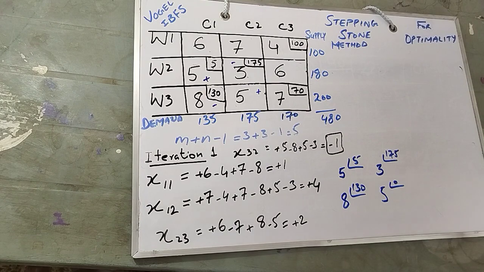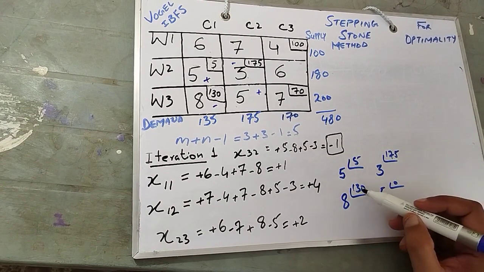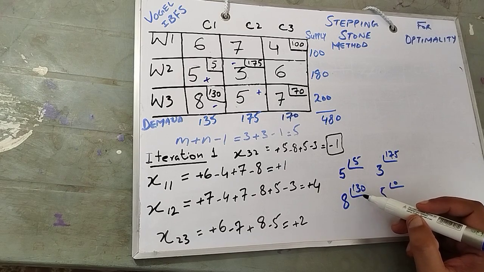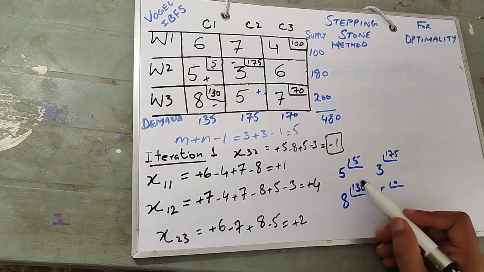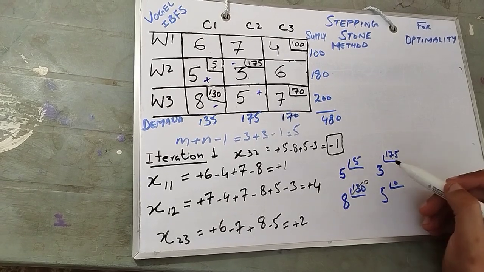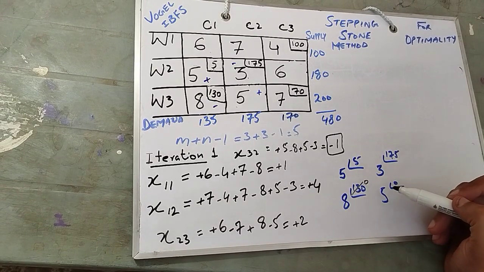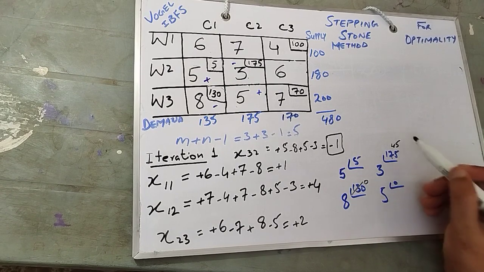Now what I'm saying is you have to reduce this allocation by 130, so this would be 0, 0. And this would be 45.